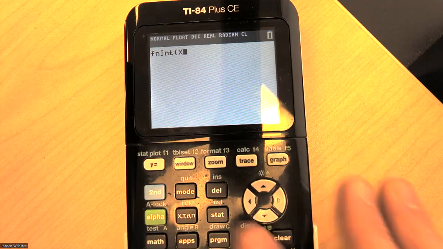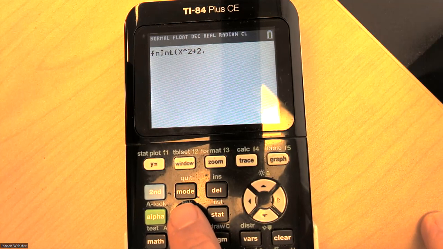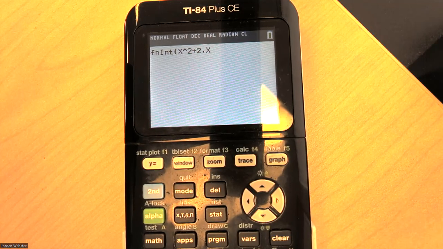The first thing you want to do is plug in x squared plus 2. That's the function you're integrating. And then a comma. And then you have to say we're going to integrate that with respect to variable x. And then you hit a comma again. And then the lower bound of 1. And then a comma again, the upper bound of 5.